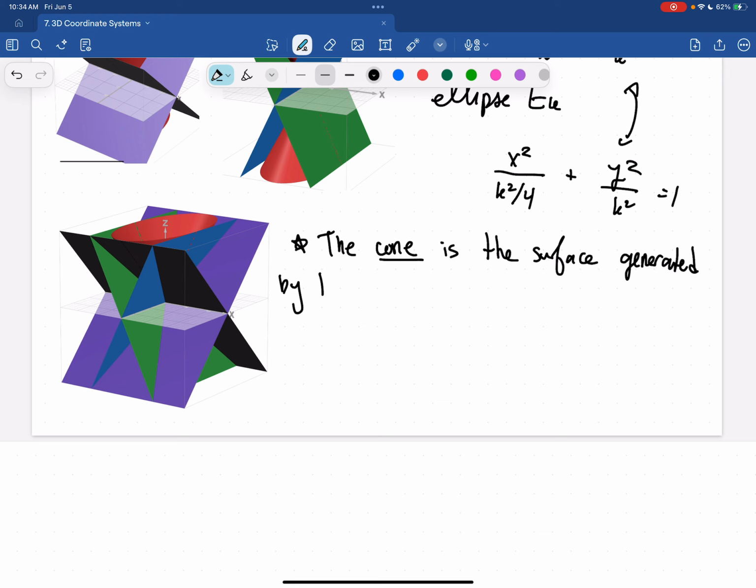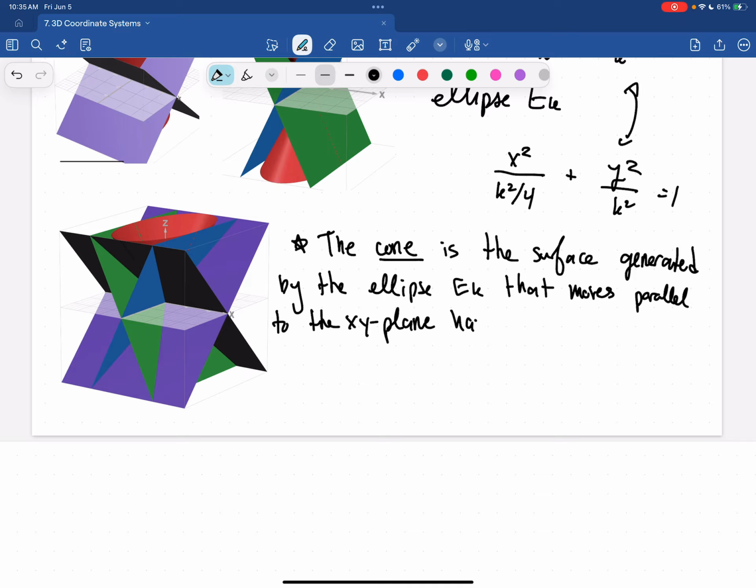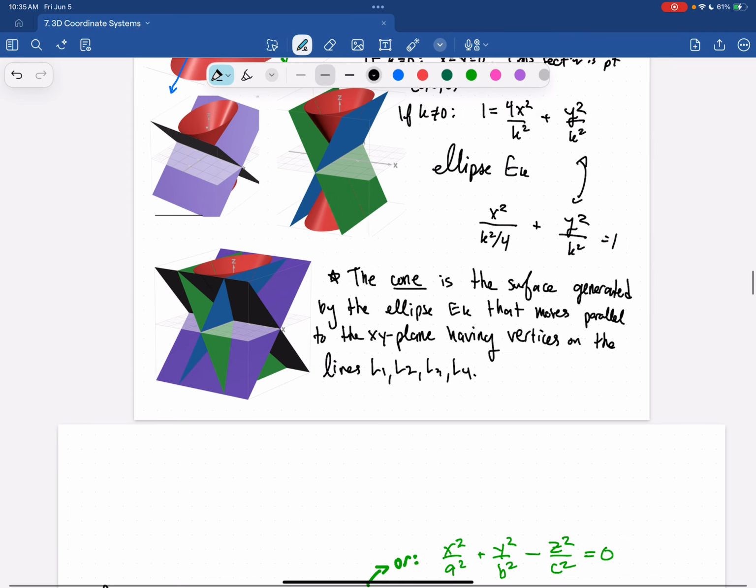Generated by the ellipse E_k that moves parallel to the XY plane, because we're just stacking them up vertically, centered about the z-axis, having vertices on those 4 lines, L1, L2, L3, L4. So that's our cone.